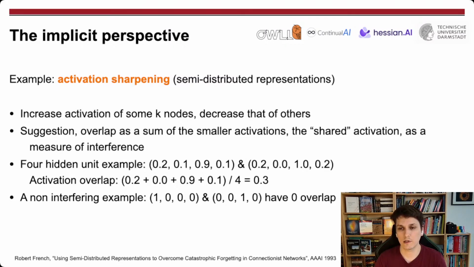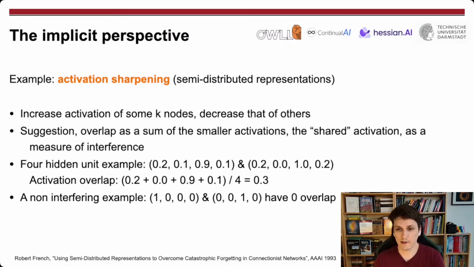For the second entry, it's actually 0 because it's the smaller of the two. Then it's 0.9, and then it's 0.1. You'd sum these, normalize according to the length of the vector, the number of your hidden units, and you'd get something that is referred to as activation overlap here, which corresponds to 30% in this example.